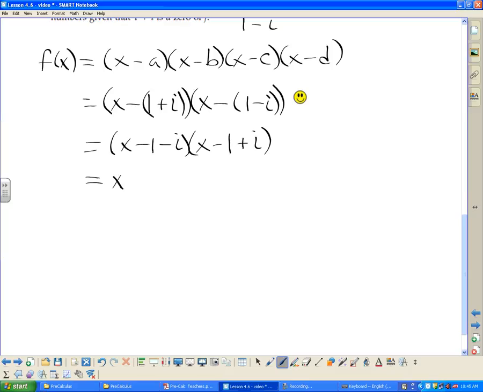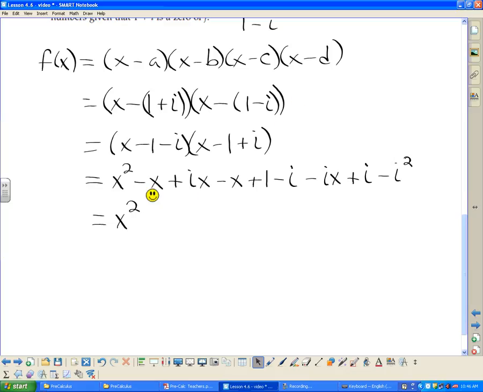So we get x squared minus x plus ix when I distribute the x. Negative x plus 1 minus i when we distribute the negative 1. And negative ix plus i minus i squared when we distribute the i. So simplifying, we get x squared. We have negative x here and a negative x here, which gives us minus 2x.